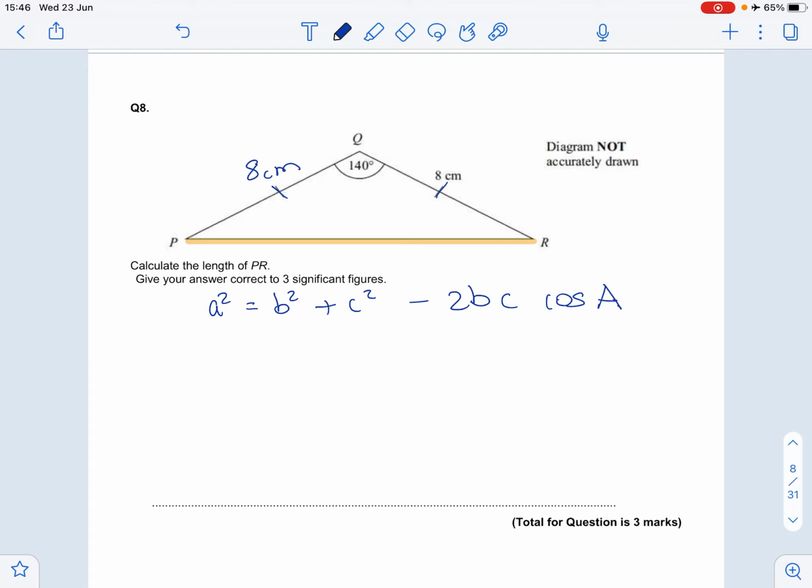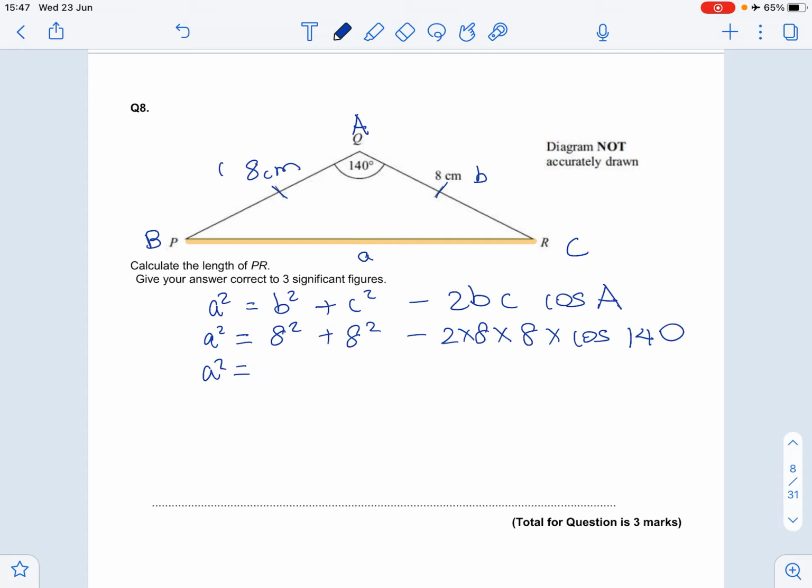So I'm just going to relabel my diagram here. This is the angle I'm given, so I'm going to call this angle A, and this is side a, and this can be b and c. I want to find my side a. So a squared is 8 squared plus 8 squared minus 2 times 8 times 8 multiplied by cos A, which is 140. Then type this into your calculator.